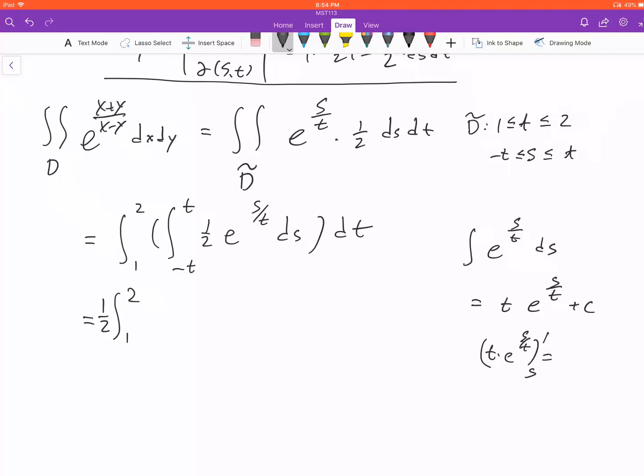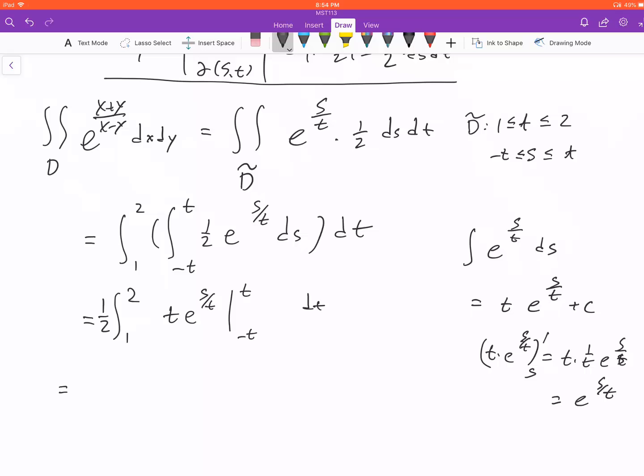Take the derivative with respect to s: we have t times 1 over t, e to the s over t, and that's e to the s over t. So that's the right antiderivative we have. Then we have t, e to the s over t, and plug in t and negative t, and then dt.